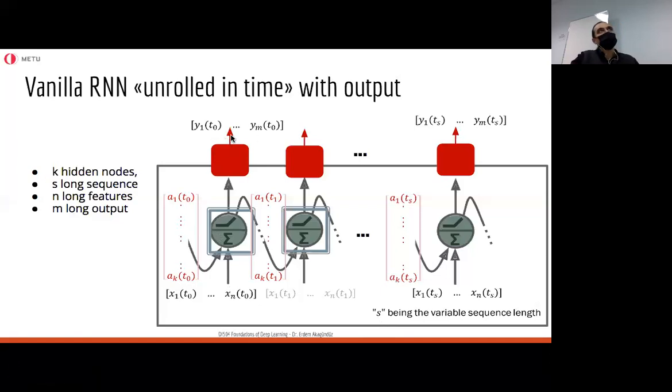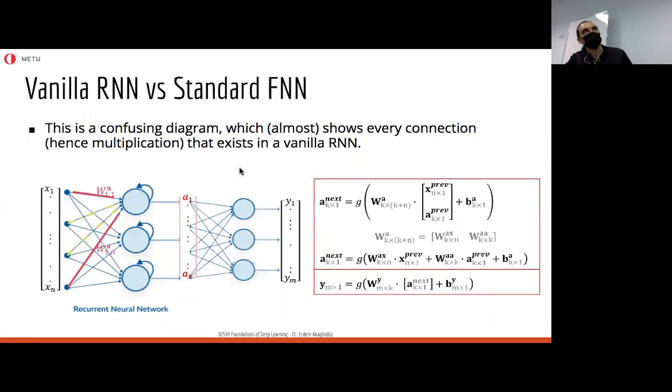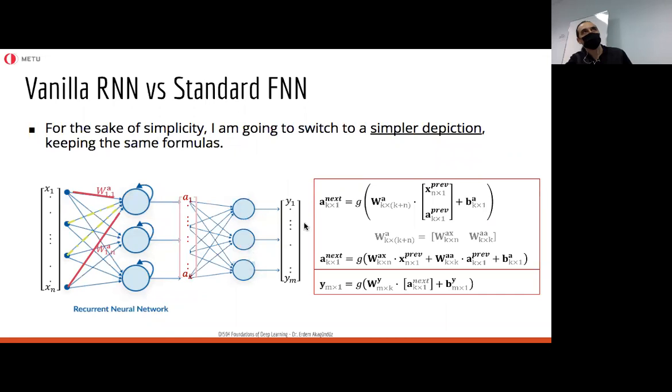The input is m-long; each input at each instant is m-long, the vector size. However, since this is a sequence-to-sequence problem, when I feed an s plus 1 length sequence, I get an s plus 1 output sequence. But each input-output instant element is m-long because I have m nodes in the fully connected output layer, right? Remember this guy. So this was m nodes.